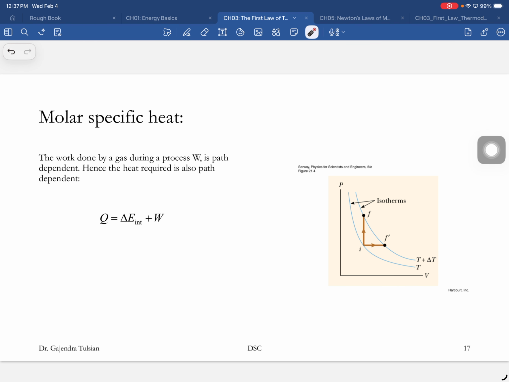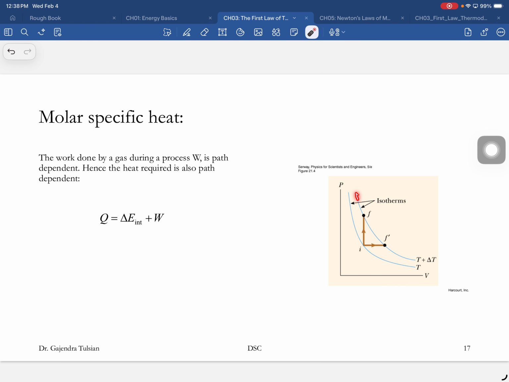Okay? Now let's do the following. Let's choose a room temperature. This corresponds to 300 degrees Kelvin, and this corresponds to 301 degrees Kelvin. Okay? So we warmed up the gas from here to there along this path, and we warmed up the gas from here to there along this other path.